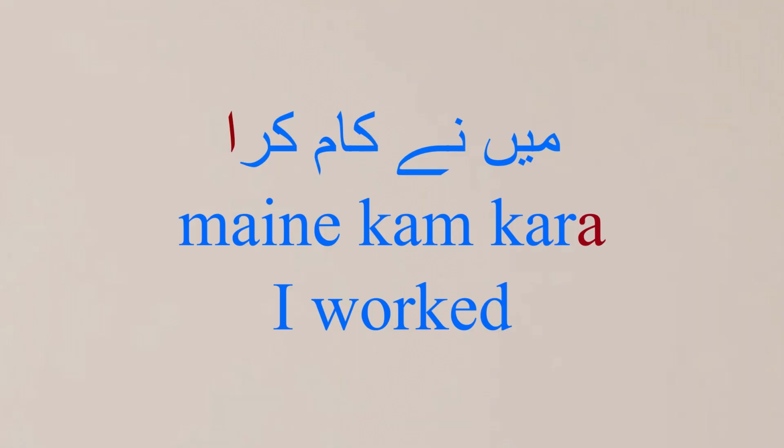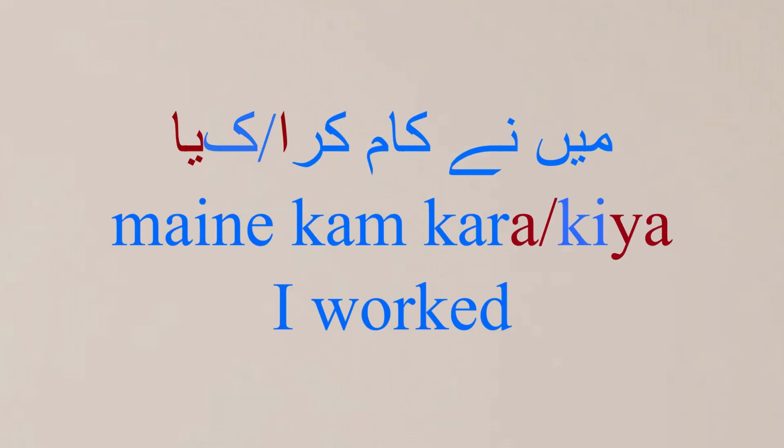मैंने काम करा. मैंने काम किया. It's going to be conjugated in two different ways, kiya and kara. Kara is mostly used in the southern part of Pakistan, because in the northern part, in the Punjab region, I've seen that it's not very common to say kara. I don't know about India because I've never been to India, but I'll definitely ask some of my Indian friends.